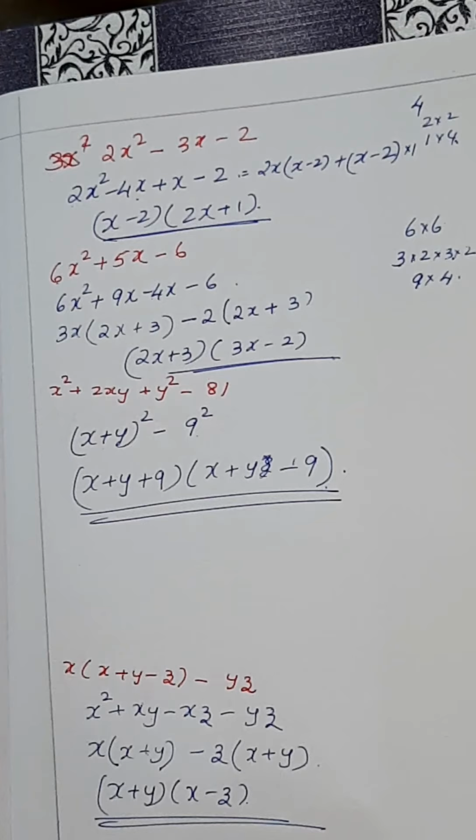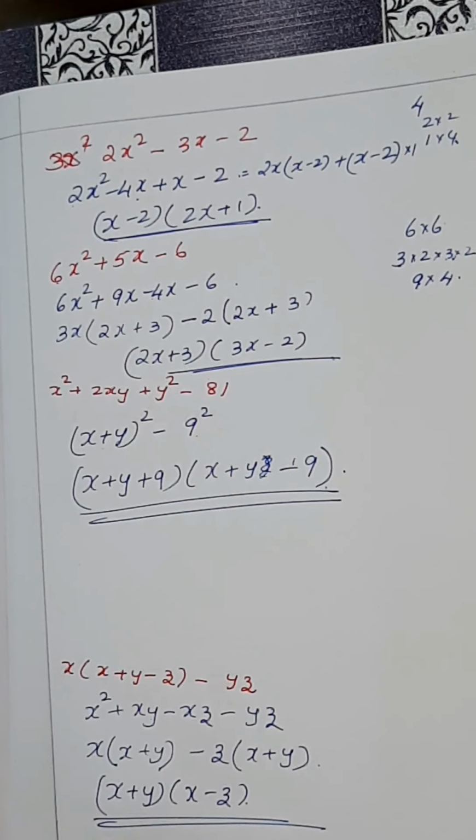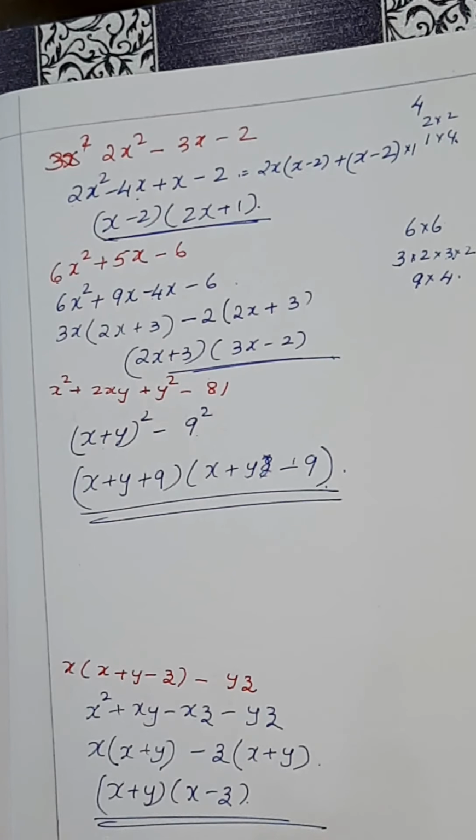So 4x plus 6. So here you will take 3x as common. So you will get 2x minus 3. Here 2 will be taken out, so it will be 2x. Then this is plus, one minus has been taken out, so this will be minus.